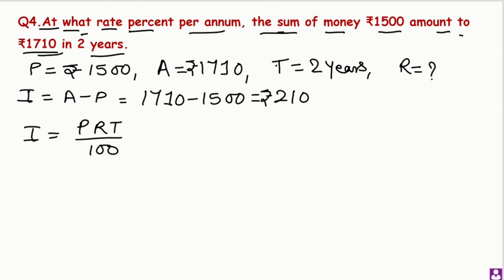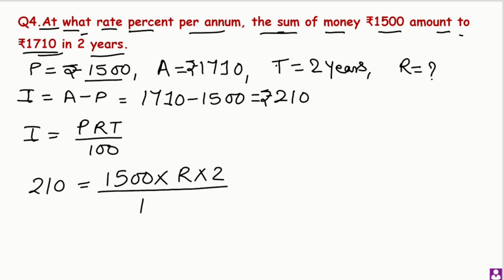Substitute the values. So here I equals 210, which equals 1,500, the value of P, times the value of R we need to find, times the value of T, which is 2 years, over 100.